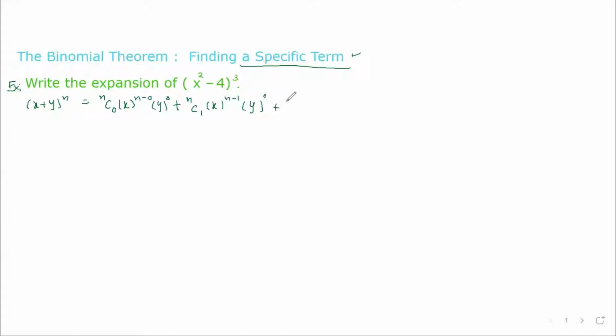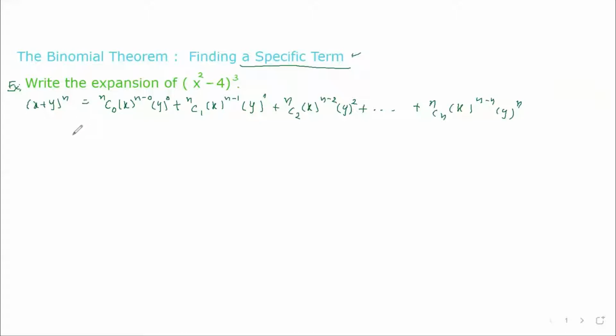Plus the next term nC2, x power n minus 2, y power 2, plus, keep doing until you get the last term nCn, x power n minus n, and y power n. Okay, this is the formula we learned last period.